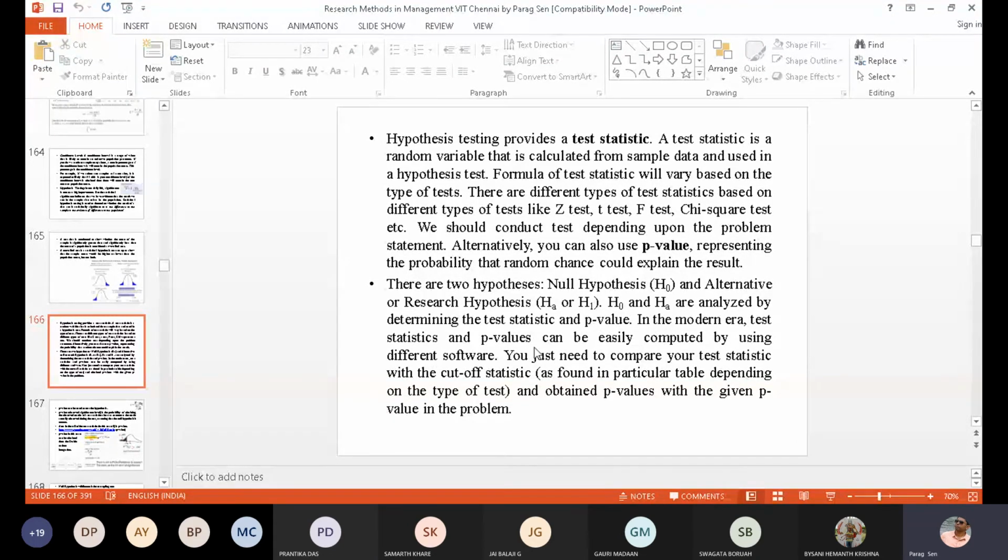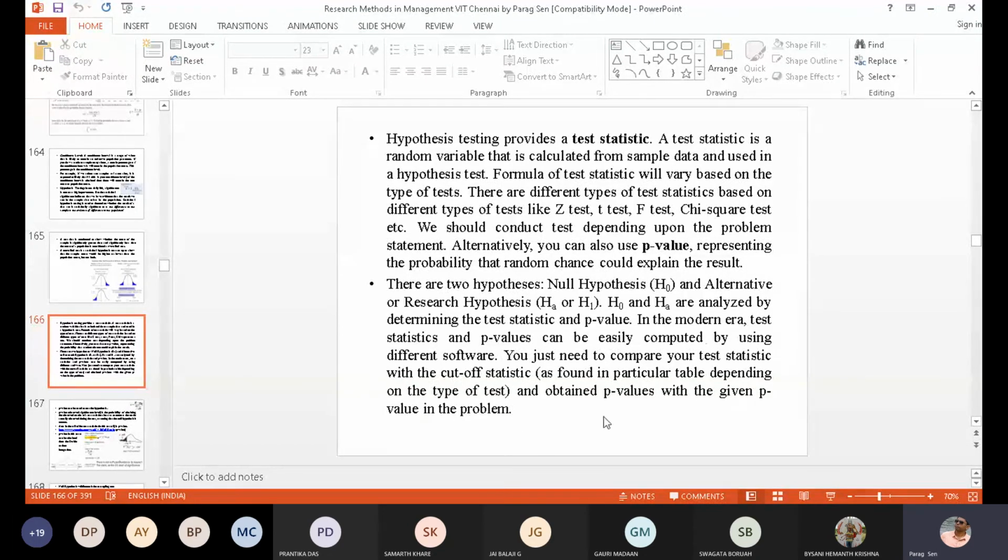In the modern era, test statistics and p values can be easily computed. You just compare your test statistic with the cutoff statistic as found in a particular table depending on the type of test, and obtain p values with the given p value in the problem.